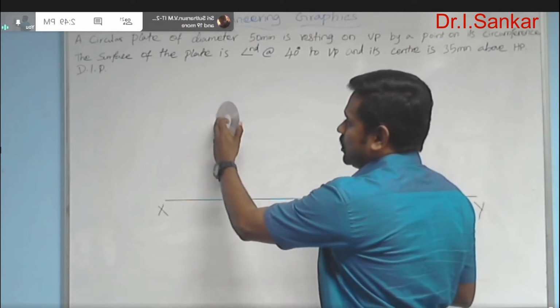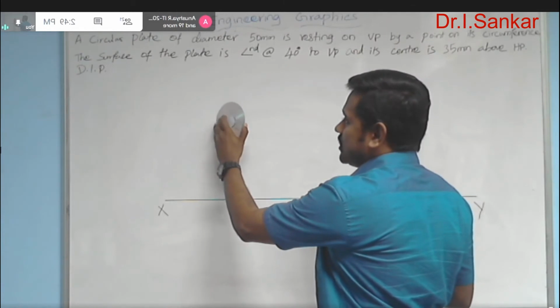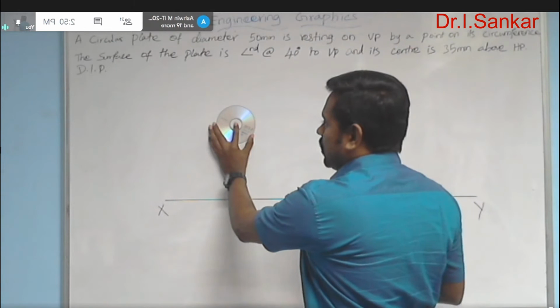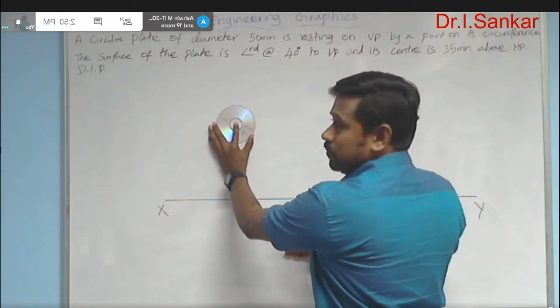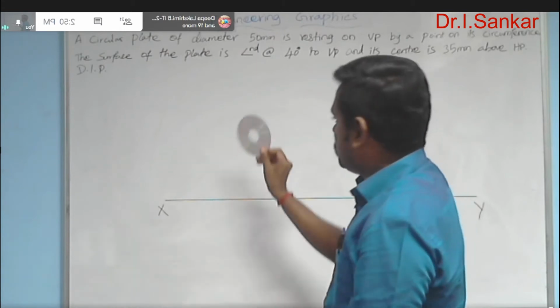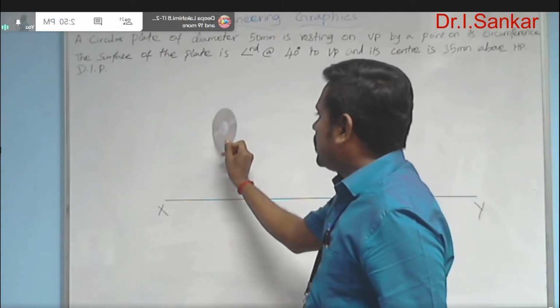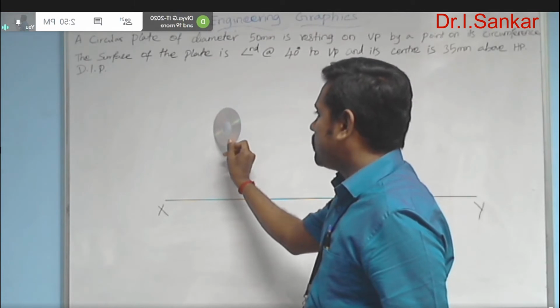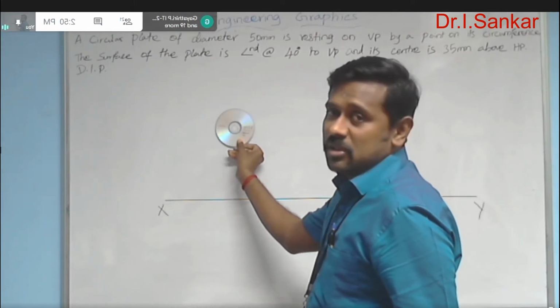So first you need to neglect it, that is make it 0, and find out where the base will be available, whether in the front view or in the top view, and then how the base should be. So now answer me, if I neglect the 40 degree inclination with VP, where should the base be available?